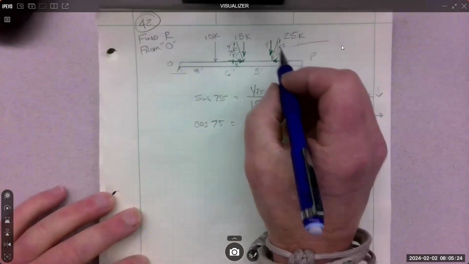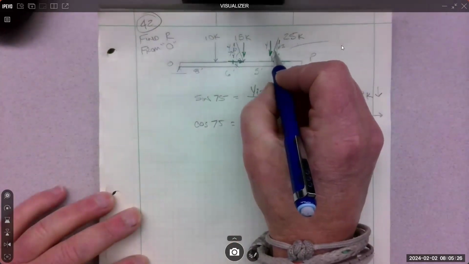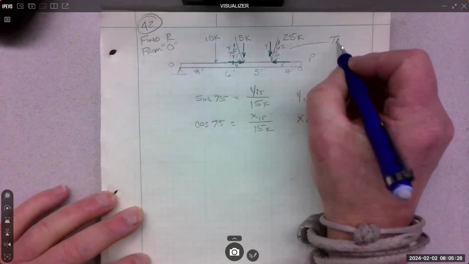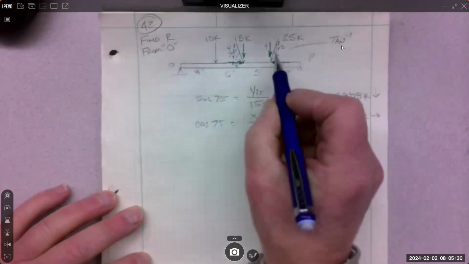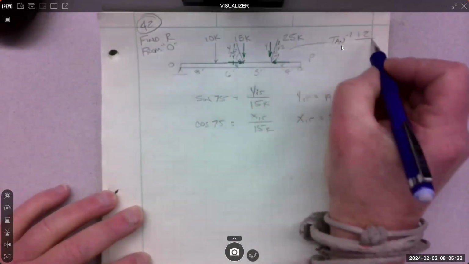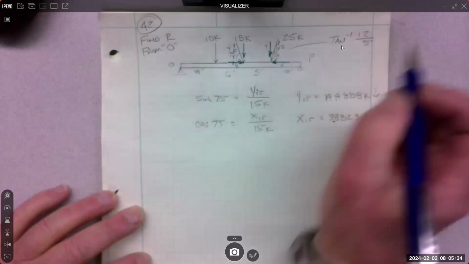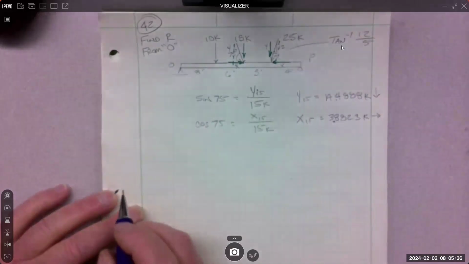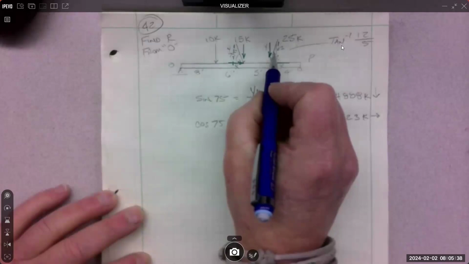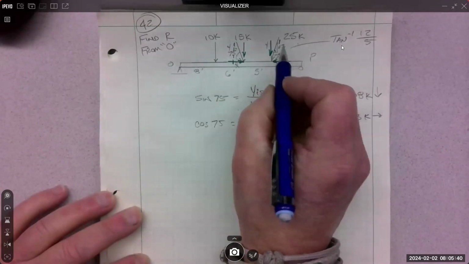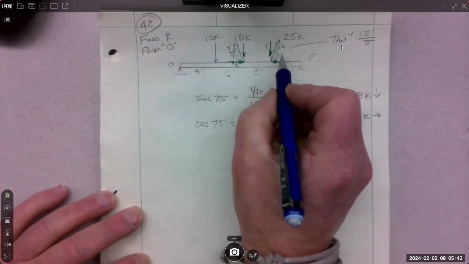So if I go for this lower angle down here, that's going to be tangent inverse of 12, opposite over adjacent 5. So that would be this little lower angle right there. So I'm going to use my calculator on this side.